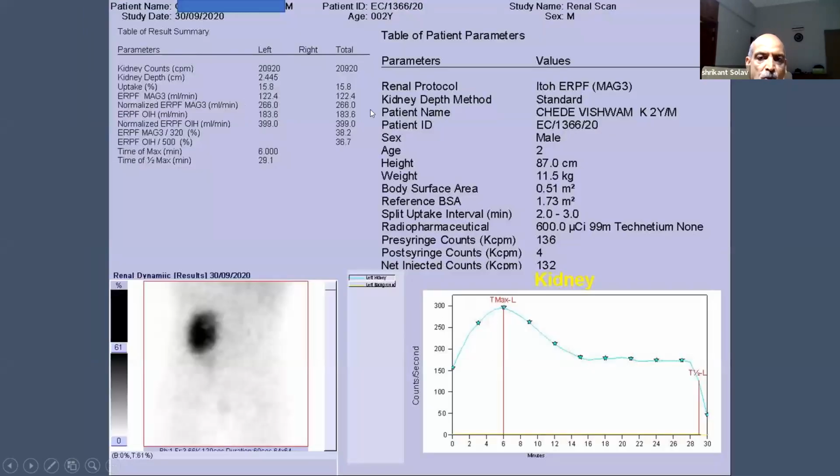Although it appears to be downsloping, the T half is prolonged. It's about 28 minutes. So anything which is more than 20 minutes is considered to be obstructed. And of course, there is retention at the VUJ in the delayed image. Now, this is a very, very sensitive situation because the patient has a solitary kidney, the patient has hydroureteronephrosis, and the function is preserved.